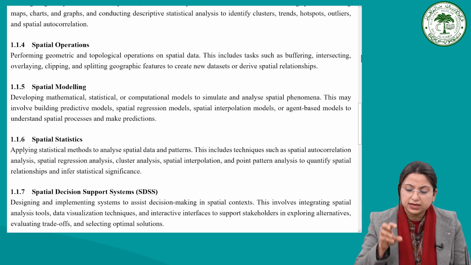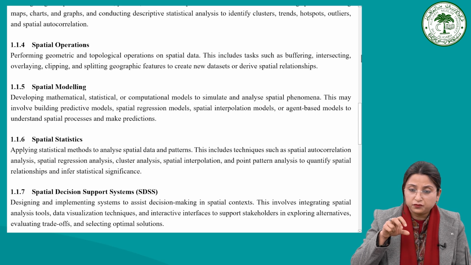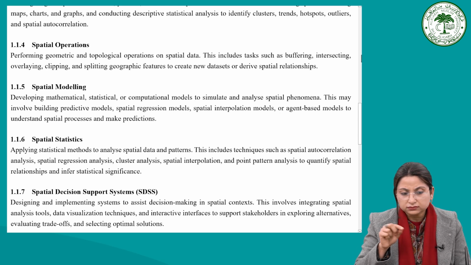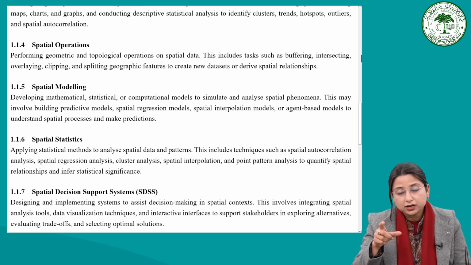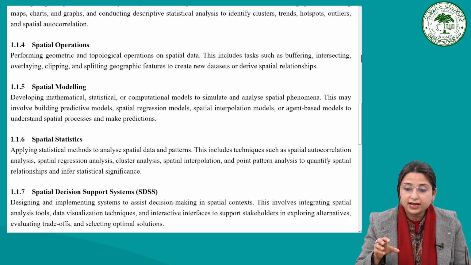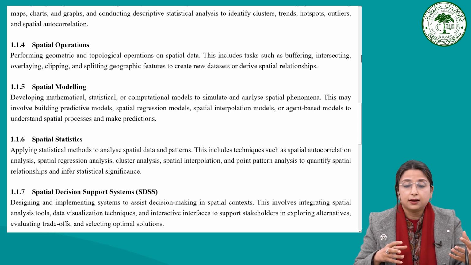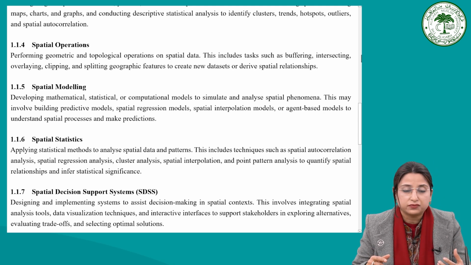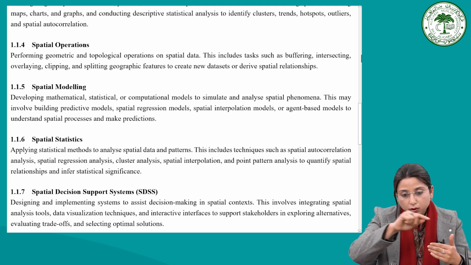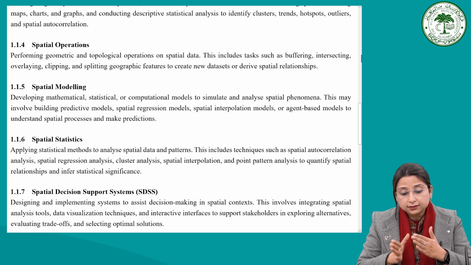Buffering is simply what? If we have a certain location, for example a waste disposal site, and we want to find out the impact of this waste disposal site on the residents living around its vicinity, we can draw a buffer boundary at a certain distance.